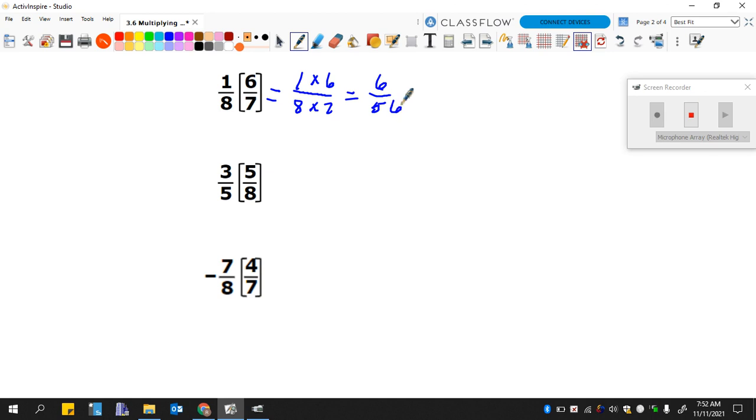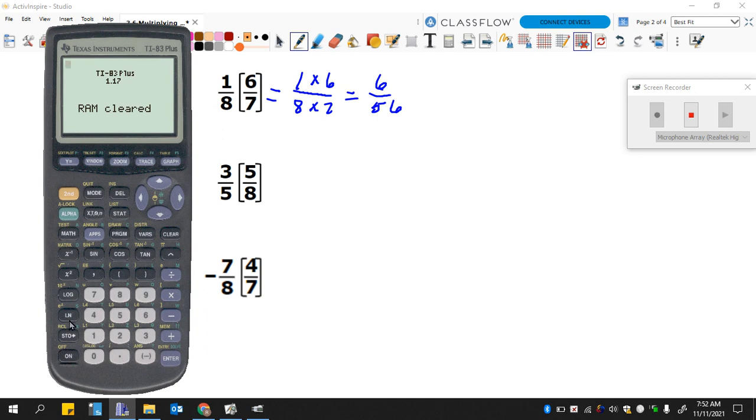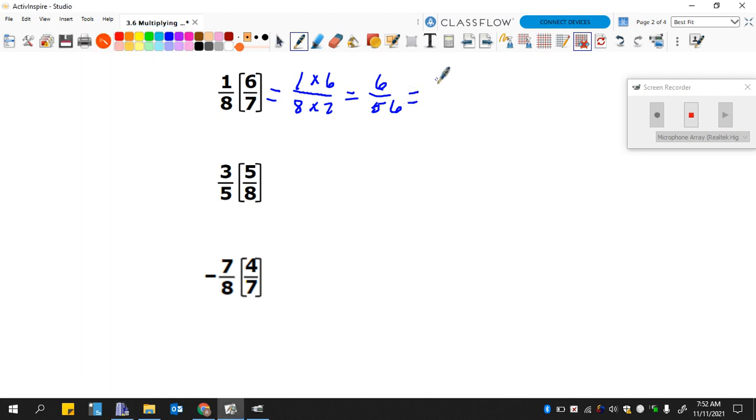Then we need to write that answer in simplest form. If we get our calculator and go 6 divided by 56, math, enter, we see that it reduces down to 3/28.